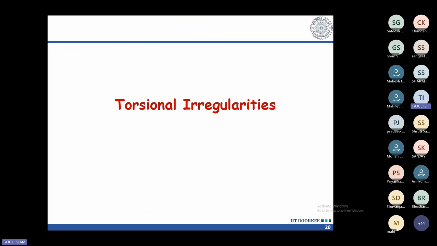torsional irregularities means your structure will have rotation about the vertical axis. Now, this rotation can happen because of different reasons. Those reasons we call irregularities. The rotation about the vertical axis is called torsion, and the reason because of which this torsion occurs is known as irregularities. Okay.